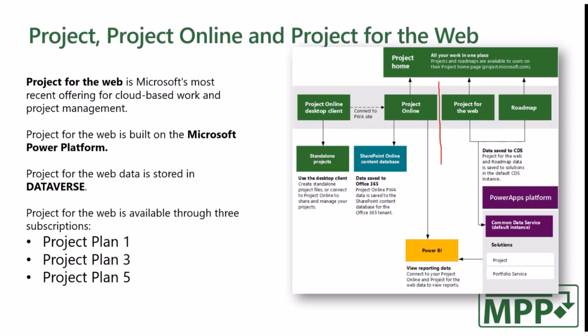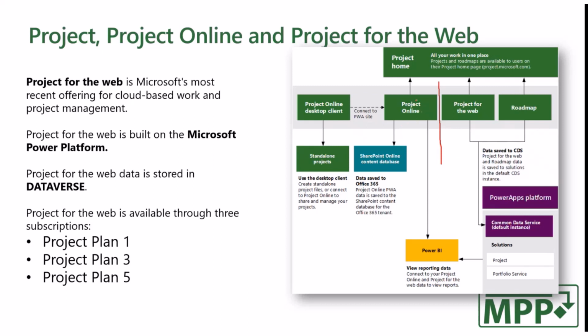You'll notice that it says data is saved in what we're calling CDS. CDS and Dataverse are the same thing. This is what they used to call it, but then they changed it and said, let's just call it Dataverse. So everything that you create and manage related to Project for the Web is going to be stored here, in this Dataverse environment.